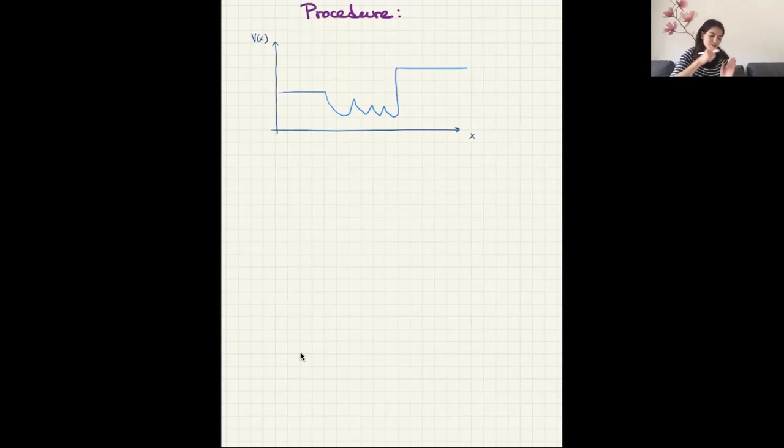So the general procedure is we break down the line into regions that are kind of easy to treat. So for example, we could say here, let's call this V left, V right. This is x left, x right. And this is like the strange zone, which we're going to call the interaction zone. Why do we call it this?